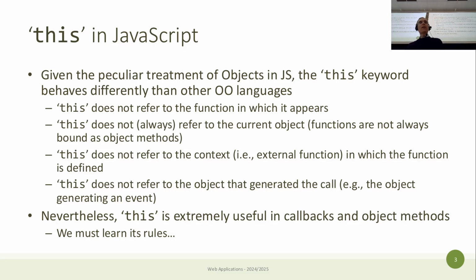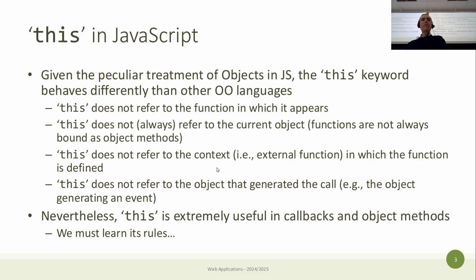You see, this does not always refer to the current object, because functions are not always bound to objects. We can call functions without an object and also as properties of an object. So it's quite peculiar.